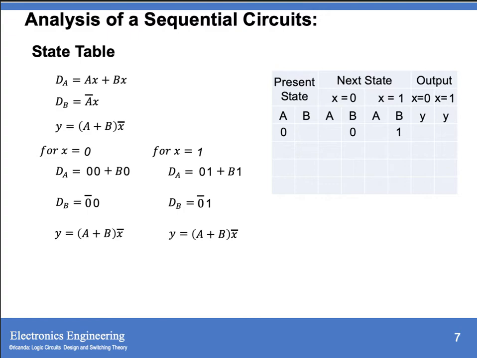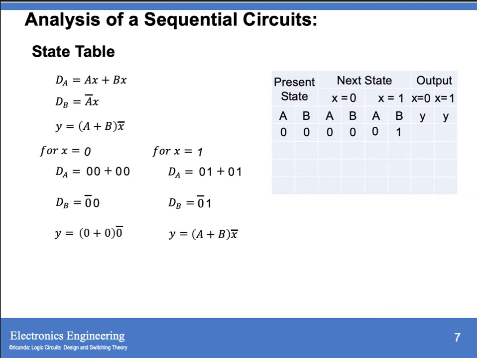Then for B equals 0, all the B must be changed to 0. So for your DA, when X equals 0, you have an output of DA which is equal to 0. And for your DA when X is equivalent to 1, we have 0 and 1, or 0 and 1, that is the same as 0.